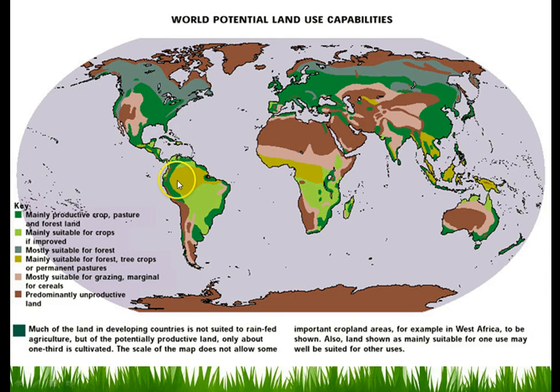And then these little sickly green colors are stuff that you can do forest and tree crops or permanent pastures, and you can see this is all right around the equator. This is where your slash and burn is occurring, in areas mostly suitable for forest.